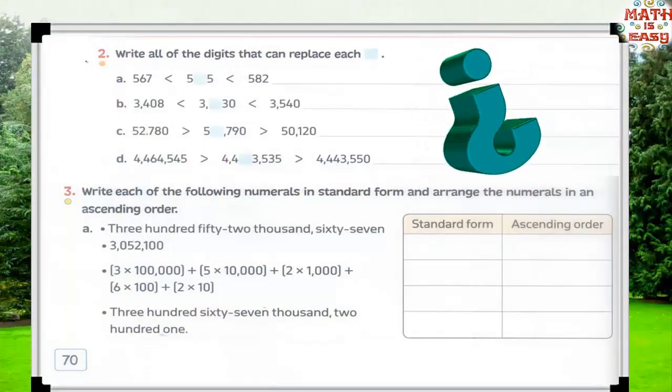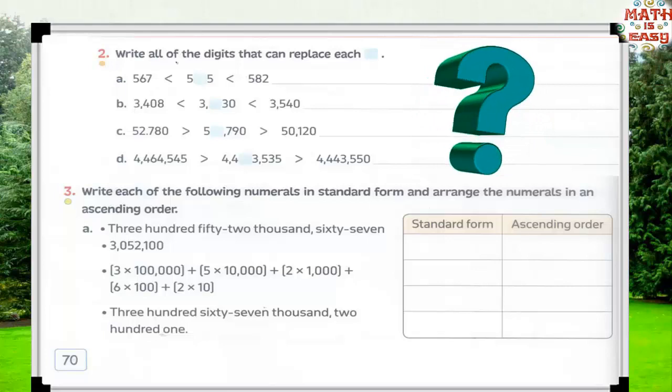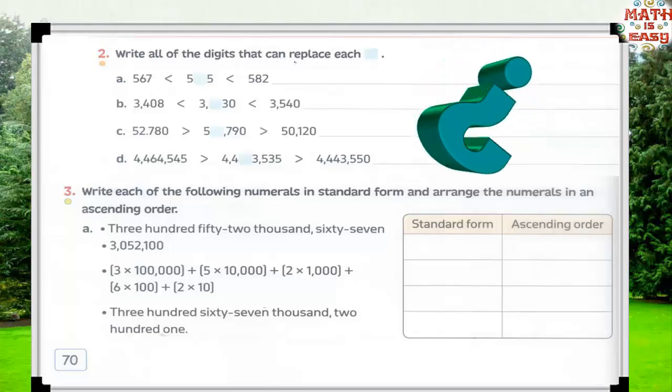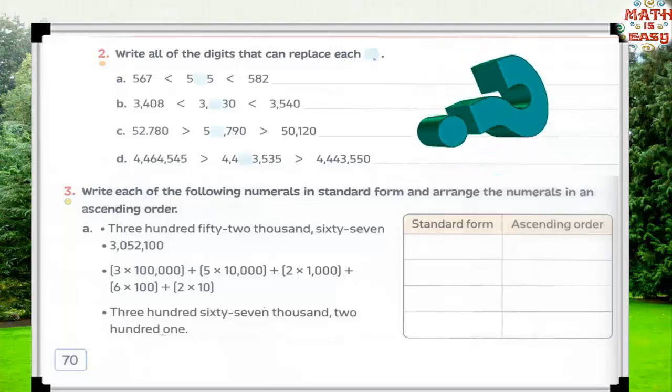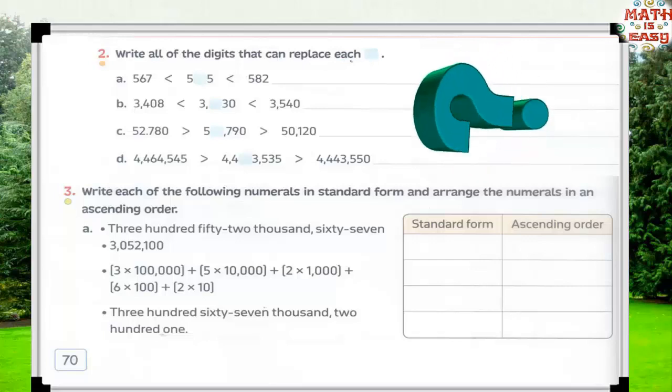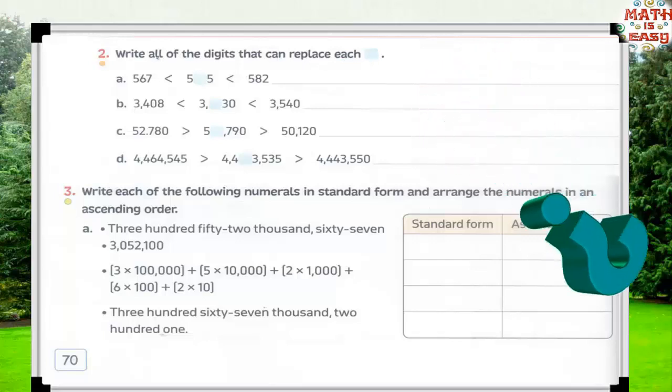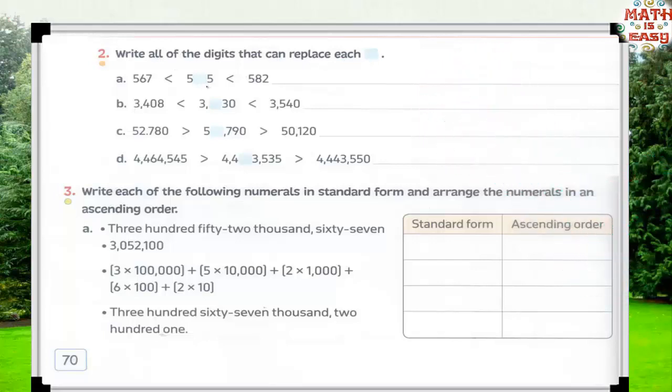Now in the next one, number 2, write all of the digits that can replace each missing digit. He says all, that means maybe you have more than 1 digit. Here we have 567, 6 in the hundreds place, here nothing, and here in the tens place we have 6, nothing, and 8.